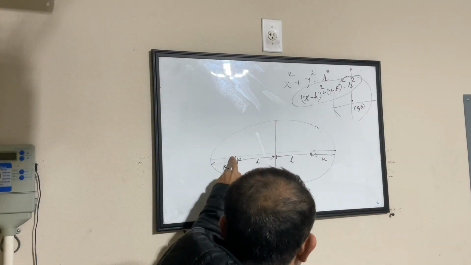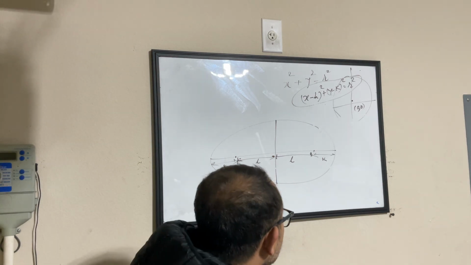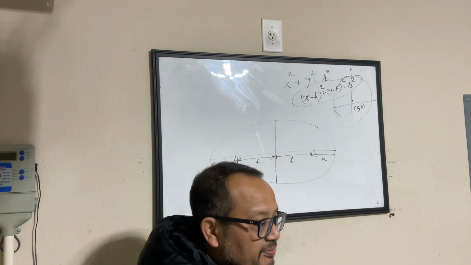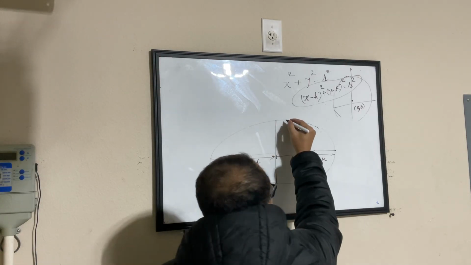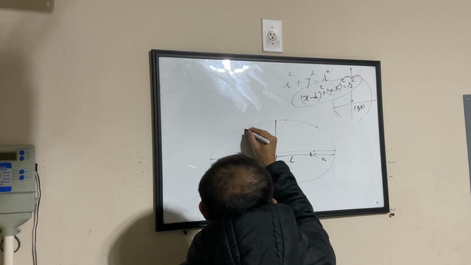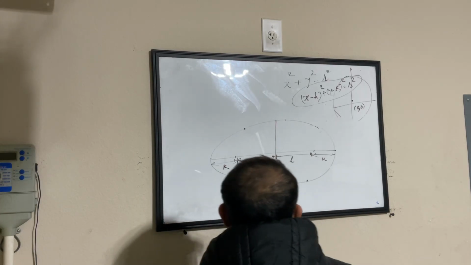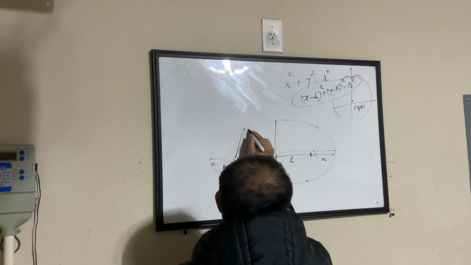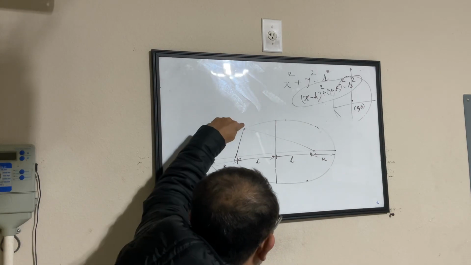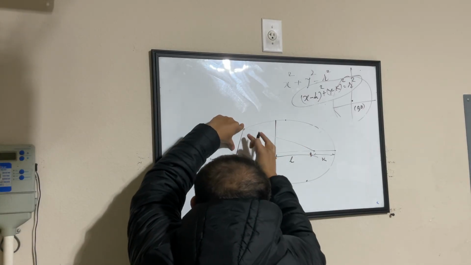So these 2 points are called foci or the focal points. The main property of these 2 focal points is that if you pick any point on the perimeter, be it here, here, or here, take this length and this length.